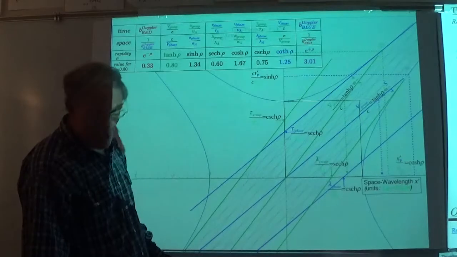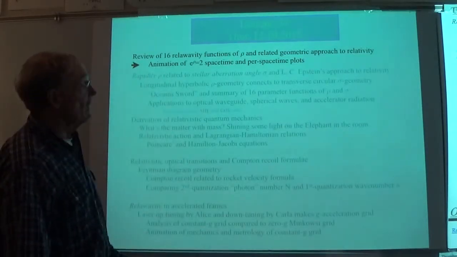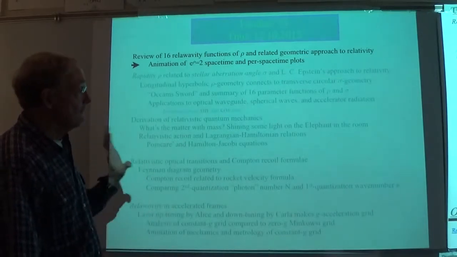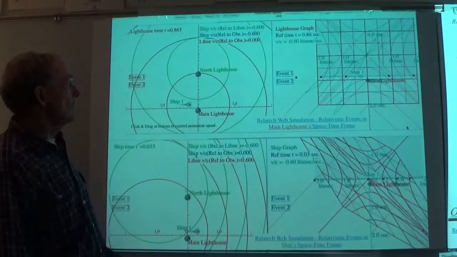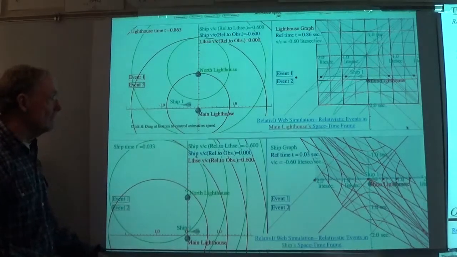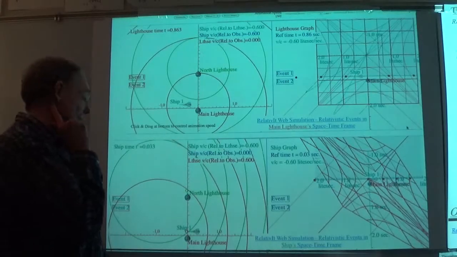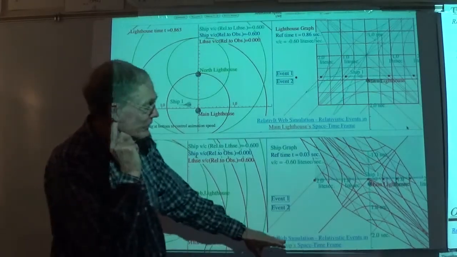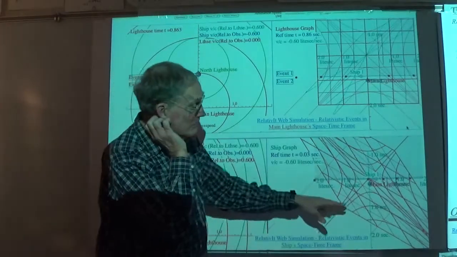Okay, let's go ahead now and take some animations up to see, in real time, in real space-time, what's going on. And that's this other program called Relativity web simulation. We're going to run it, and we're going to actually see a Minkowski graph.